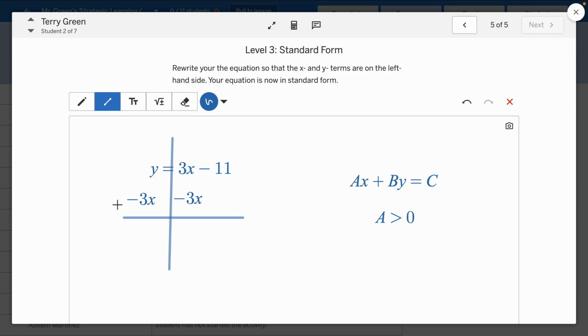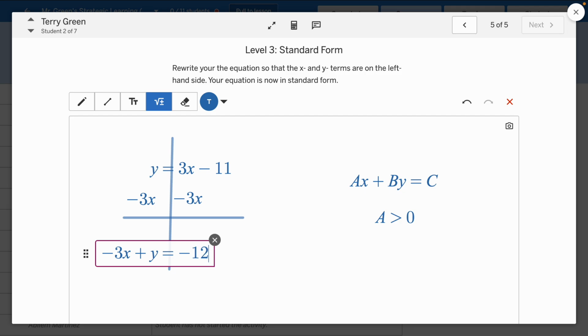Okay, so that's going to give me on the left negative 3x plus y, equals negative 11.